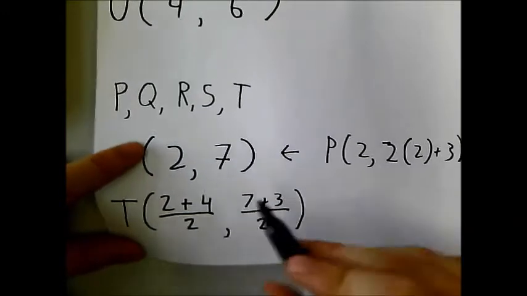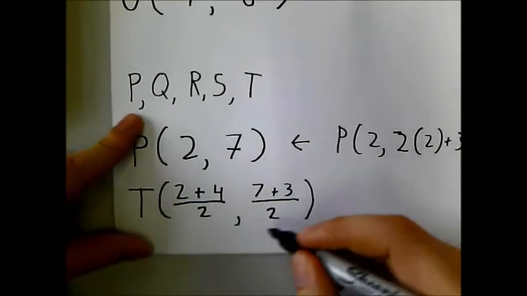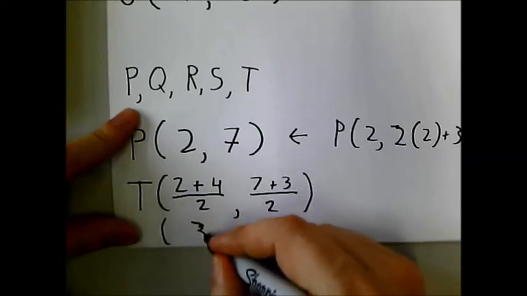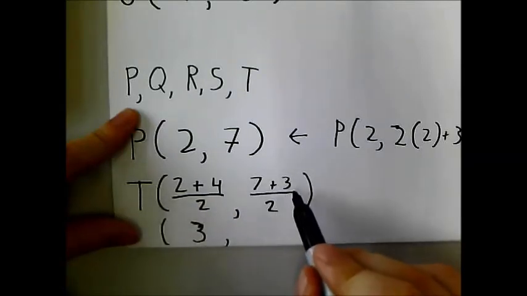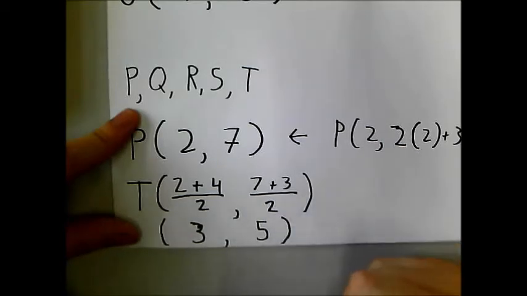Now we can work this out. So 2 plus 4 is 6, divided by 2 is 3, and then 7 plus 3 is 10, divided by 2 is 5. So the coordinate of T is 3, 5.